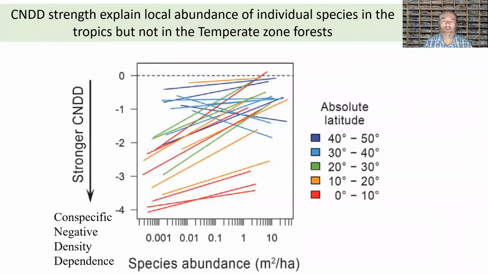When we look at the individual communities, then the species which are locally rare are especially strongly limited by conspecific negative density dependency. So that would explain the abundance patterns, but interestingly, that pattern can be seen only in the tropical communities, and it disappears in the temperate zone.